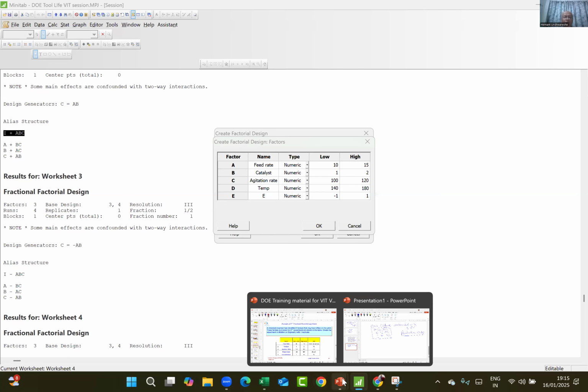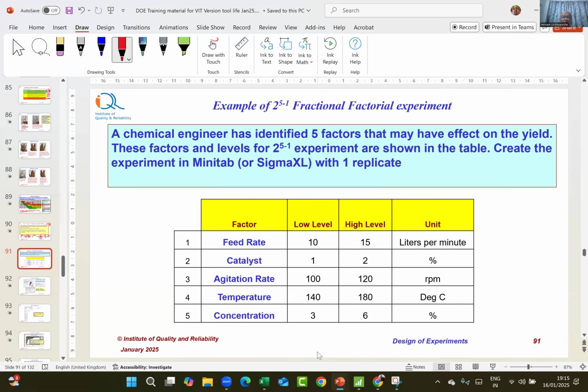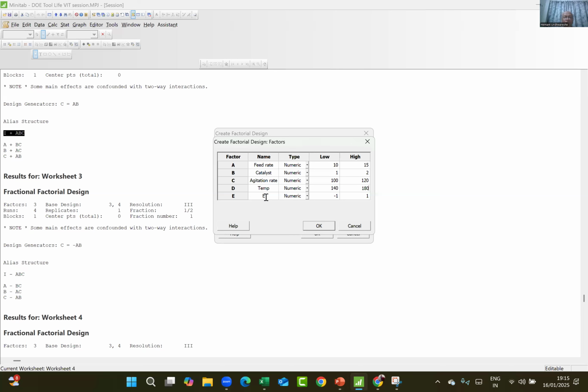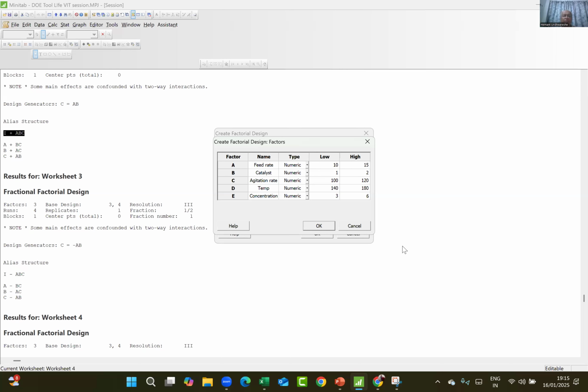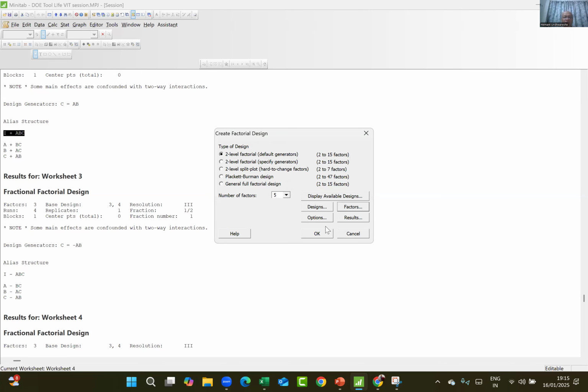And the last factor is concentration, and the levels are 3 and 6%. I'm just double checking whether I did it correctly. Percent, correct. Yes. So these are the factors and levels that I enter.